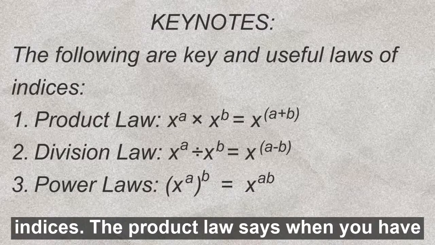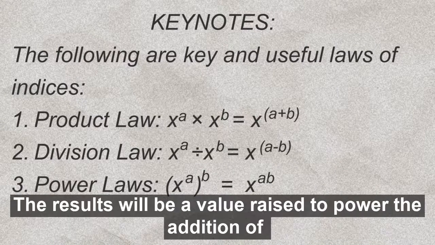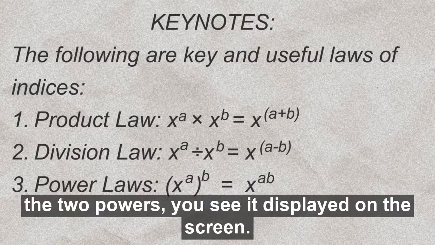Now this product law says when you have a value that is raised to a given power multiplied by that same value raised to another given power, the result will be the value raised to power the addition of the two powers. You see it displayed on the screen.